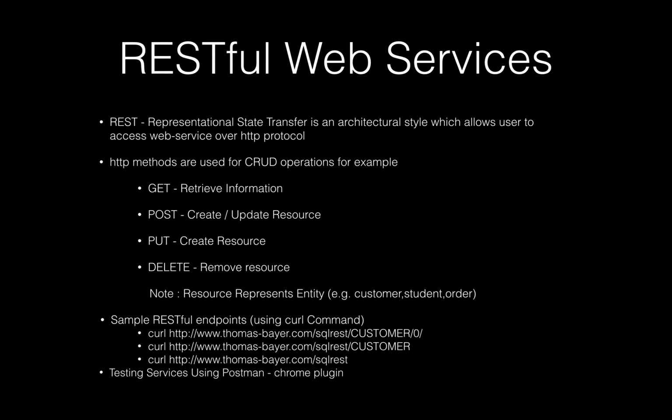We will try to understand what this /0 means and why it is important. Another resource is /customer in the second bullet point, and the third resource is SQL REST.